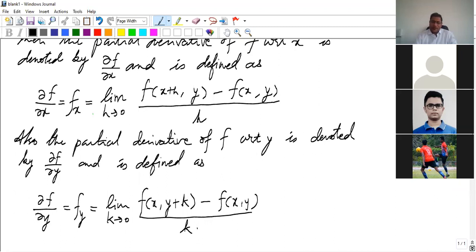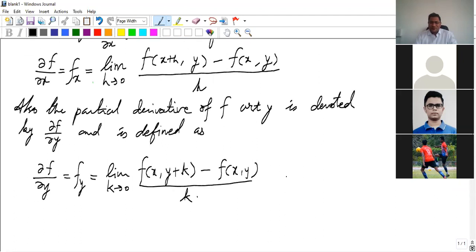If I consider only one direction, then it is the tangent to that curve or surface in that particular direction. Got it? Yes, sir. If I consider only x and y, this is a surface; if I consider x, y, z, then it is a volume. Now these are the first order partial derivatives.